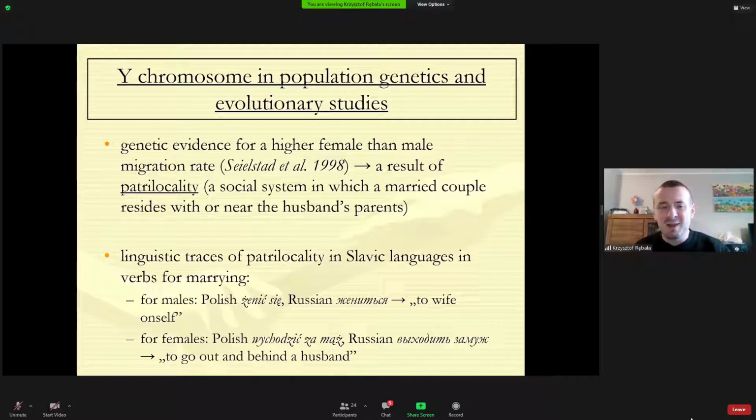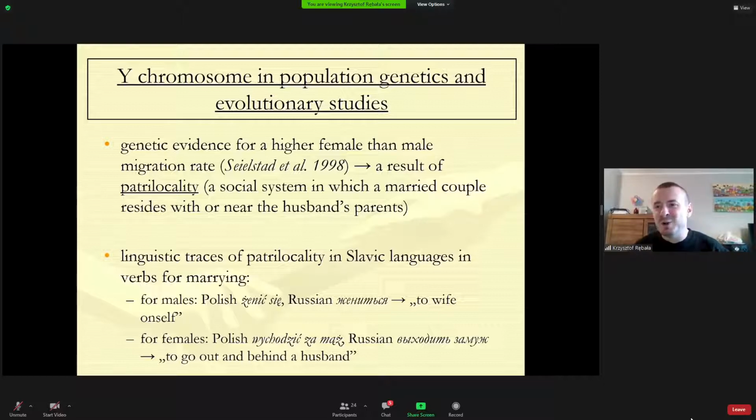We say that the man żeni się, which I would translate as he becomes wife, something like this. The same in Russian, żenitsya, to wife oneself. And for females, we say that the woman wychodzi za mąż, in Russian она выходит замуж.